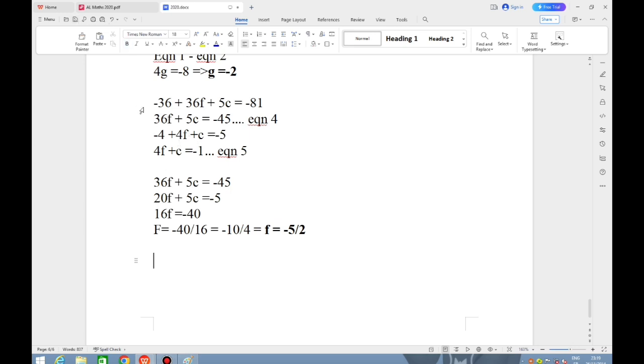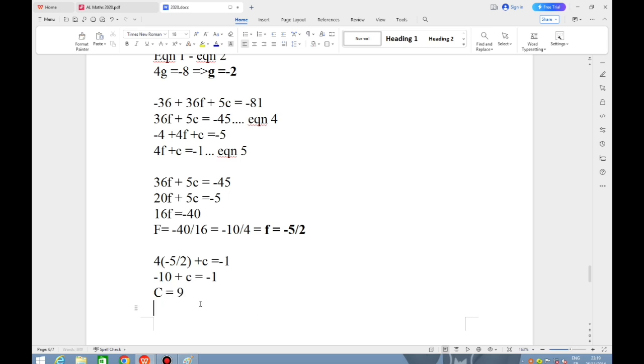So we have 4 into minus 5 on 2 plus C is equal to minus 1. So 4 into minus 5 on 2 is equal to minus 10. Minus 10 plus C is equal to minus 1, so C is equal to 9.